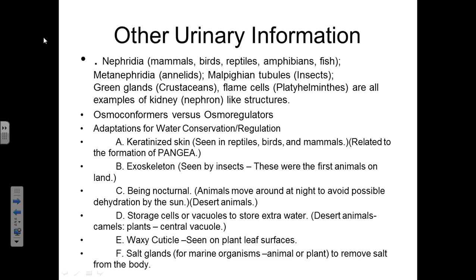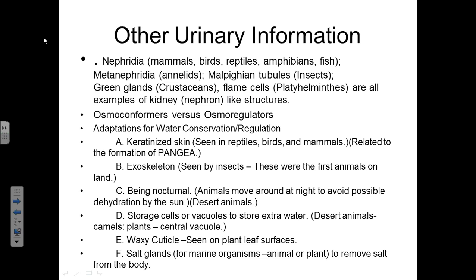There are also different animals that are called either osmoconformers or osmoregulators. Which one do you think you are? You're an osmoregulator. That means you are actively doing what? You're actively maintaining a certain balance between what? Solids and water. There are some animals that if you put them in salty water, what happens? Well, yeah.